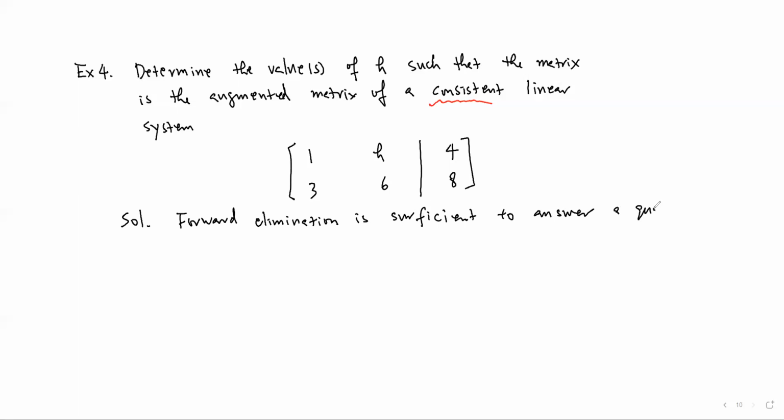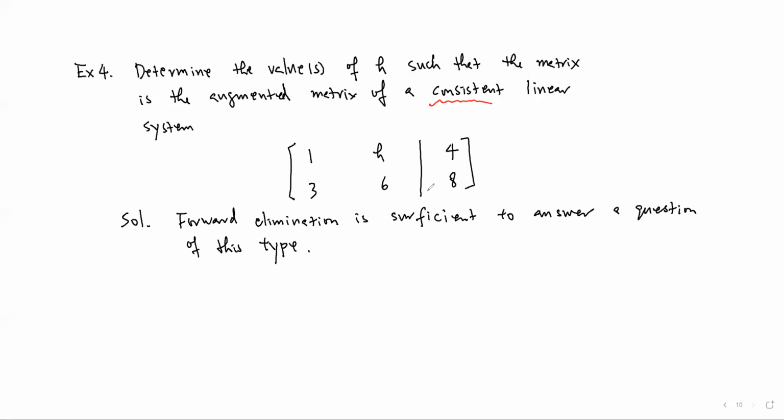To answer a question about whether or not a given linear system has a solution, forward elimination is enough. You don't need to perform backward elimination.